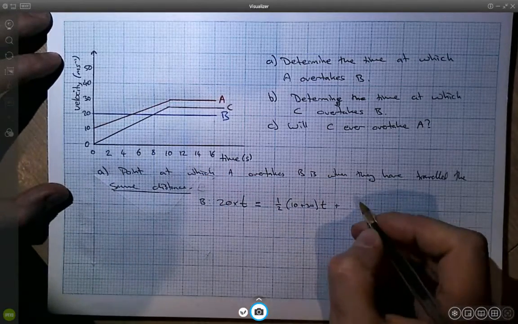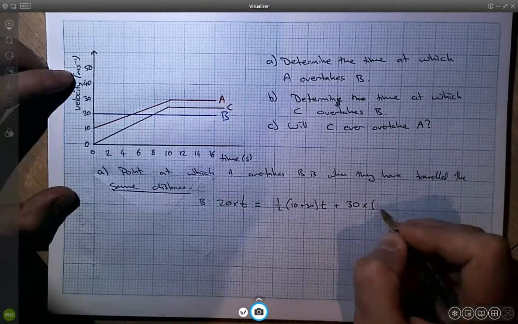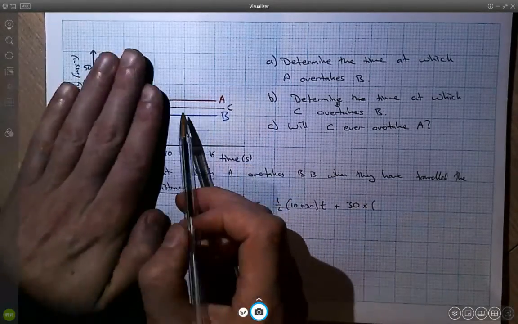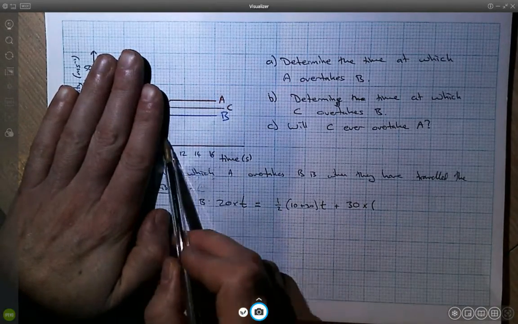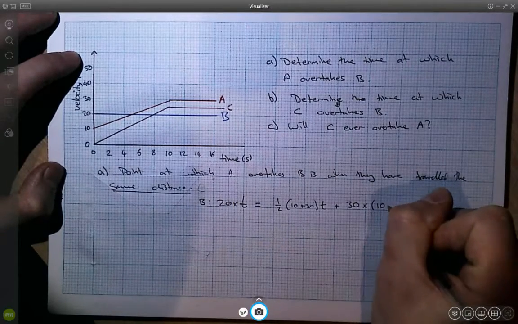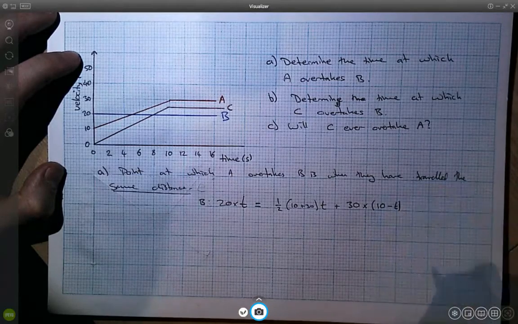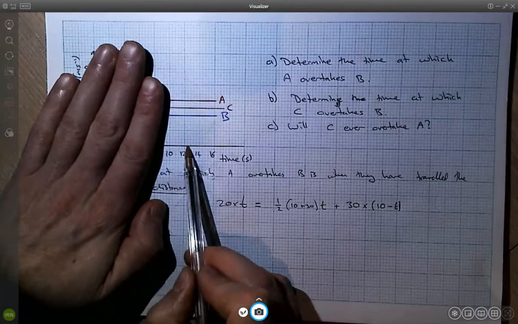So we need 30 times a time. Now, we can't just say time because we're obviously starting the rectangle here, aren't we? So what we're really going to be saying is it's going to be 10 minus the time. So that way we're only counting the time from this point onwards.